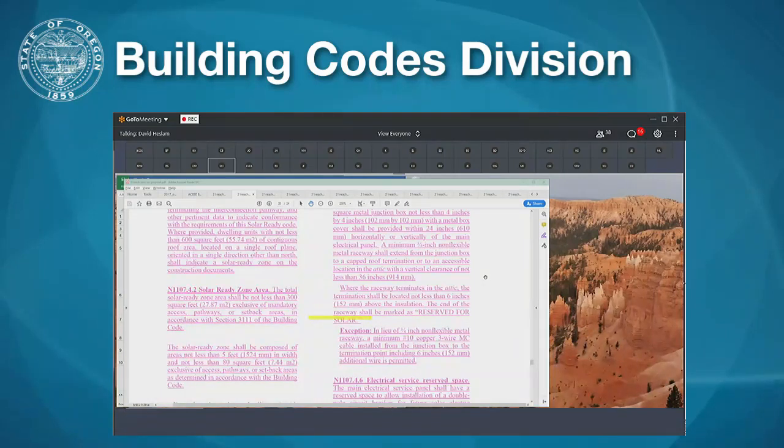So I think there is flexibility within that definition. I'm just bringing that up to address concerns that I did hear at other meetings around the 2021 code development.